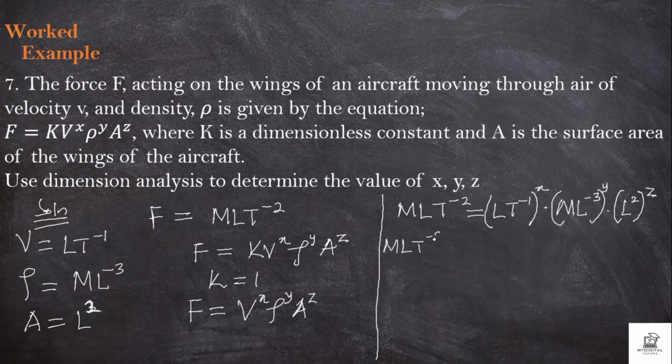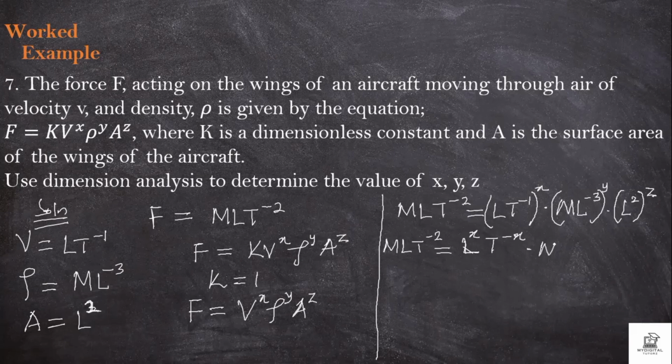Then using power law of indices, we are going to have here MLT minus 2 is equal to L raised to power x, then T raised to power minus x, right? According to the power law of indices. Then dot, which is multiplication, distribute the power over the whole parameters inside.